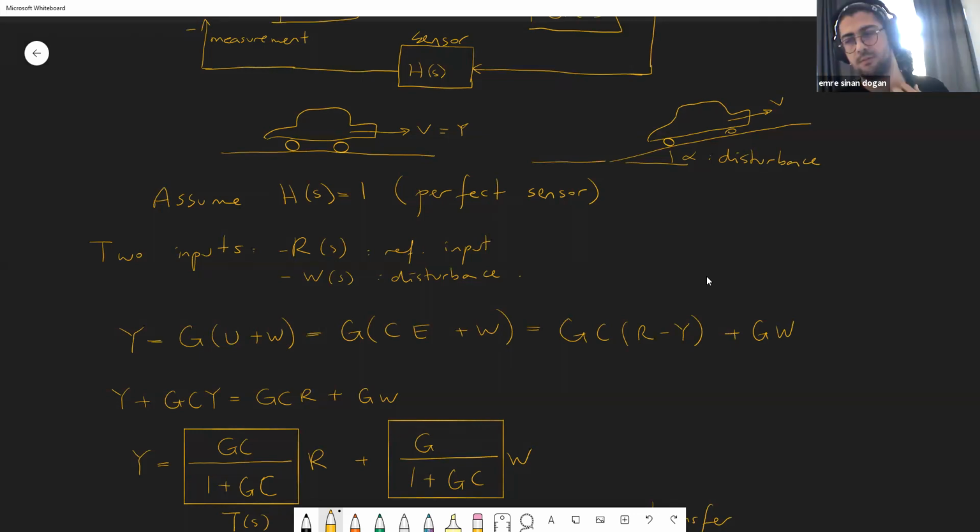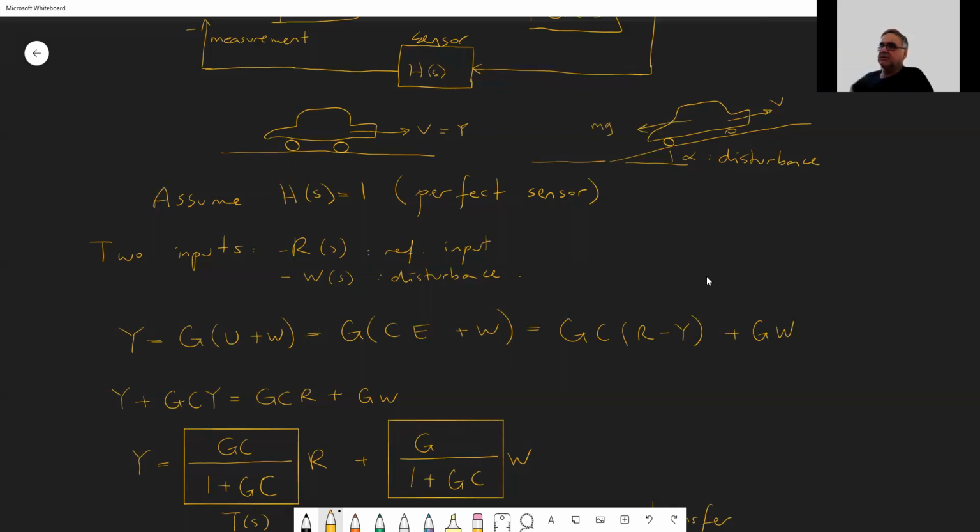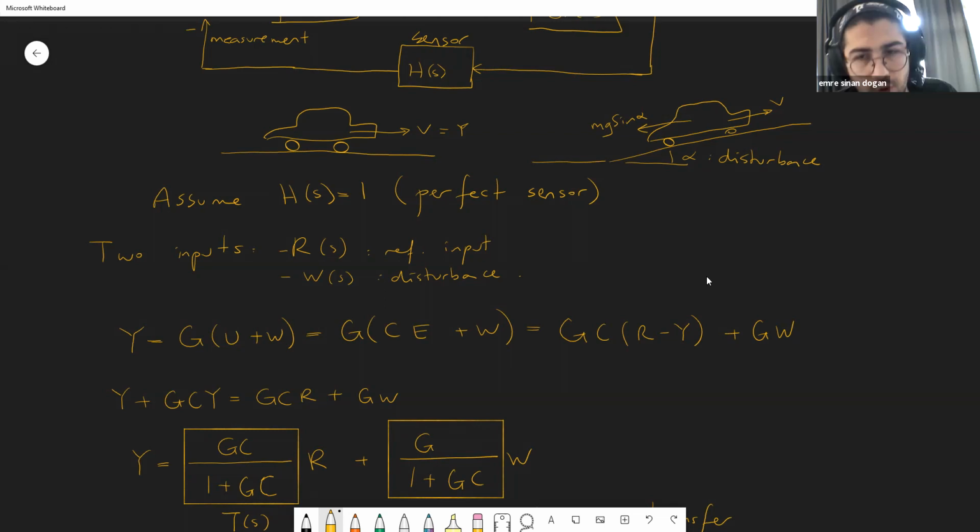Well, because of the disturbance, there will always be a force like this, an m g sine alpha kind of force, that pulls it backwards.